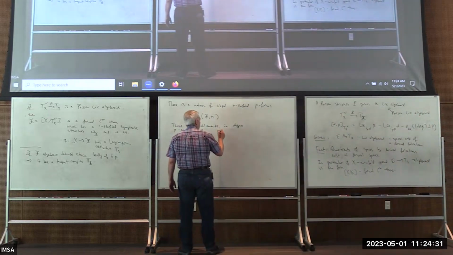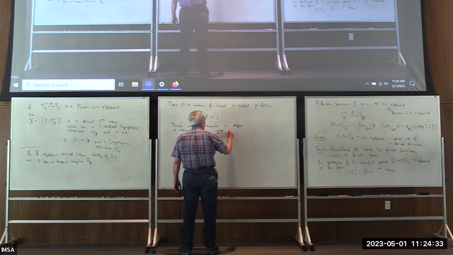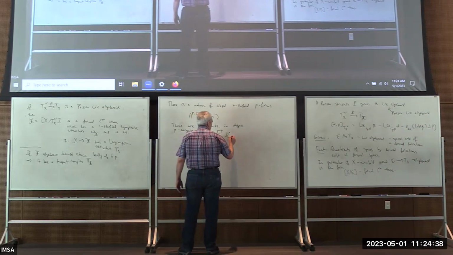So you need to take the p-th step of the Hodge filtration on the cotangent complex.